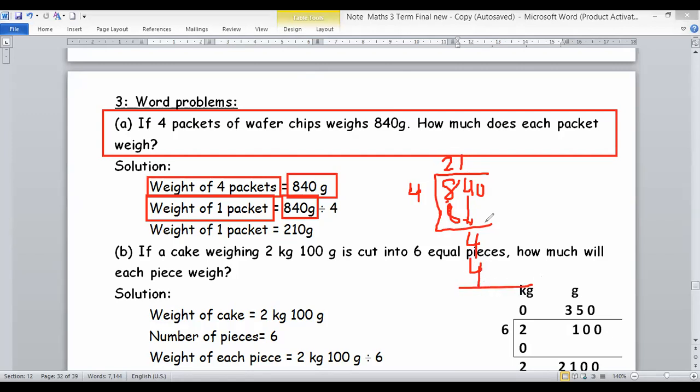And 4 minus 4 is 0. No need to write 0. Shift this last 0. You must divide this 0 as well. So here 0 divided by 4, 4 0s are 0. And in this way you get 210 gram. Weight of one packet is equal to 210 gram. Similarly, you can solve part B and part C.